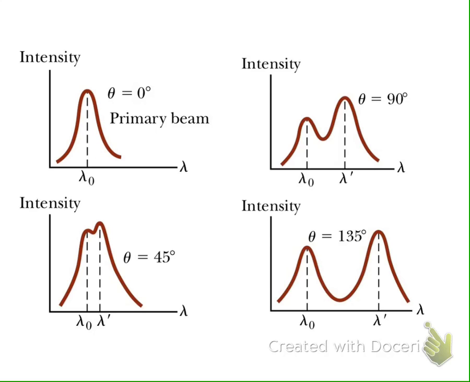It means that the scattered light has the same wavelength as the incident light. But once you change the angle, you get a second peak. That is, the light has a second wavelength, and that is unexplainable using conventional electromagnetic theory.